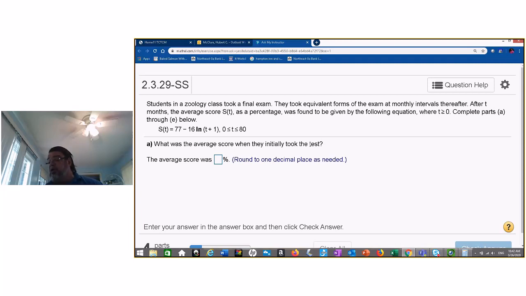Whenever you hear the word initially, that means 0. Initially means when you start. So 77 minus 16 natural log of 0 plus 1. 77 minus 16 natural log of 1. And what is the natural log of 1?